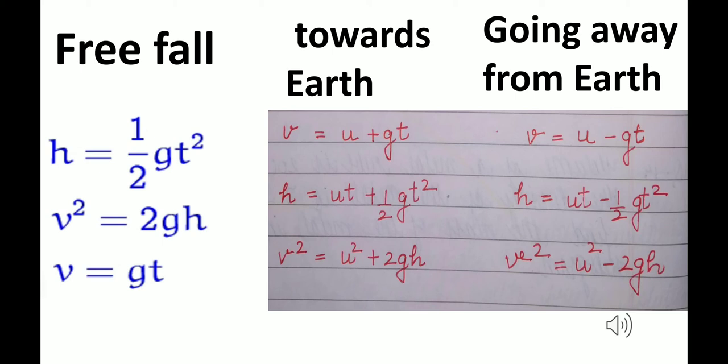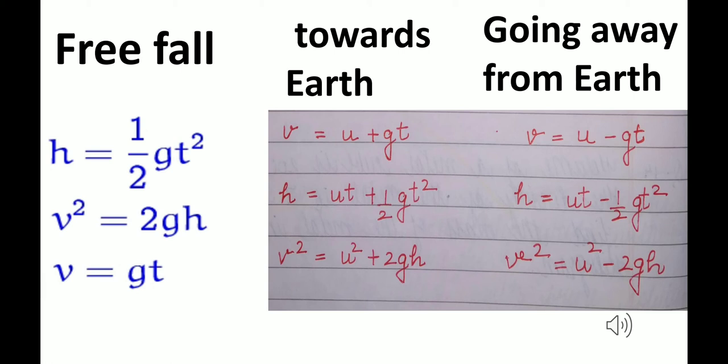Now when the body is having a free fall, that means the initial velocity of the body was 0, and now the body has started falling freely towards the center of the Earth. In that case, u = 0, so v = gt, h = (1/2)gt², and v² = 2gh.